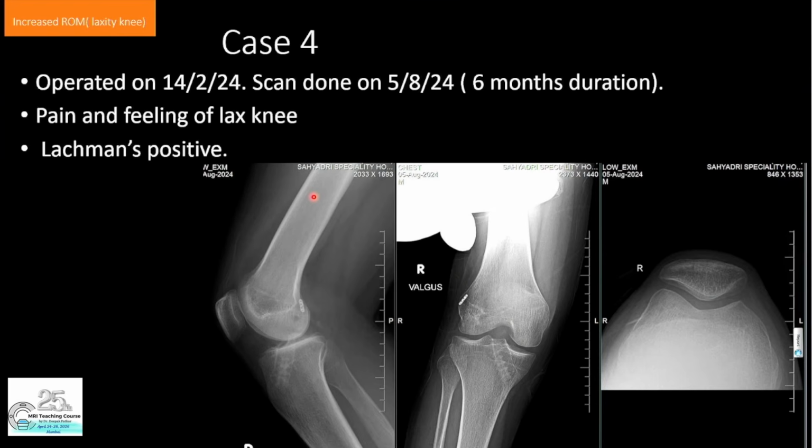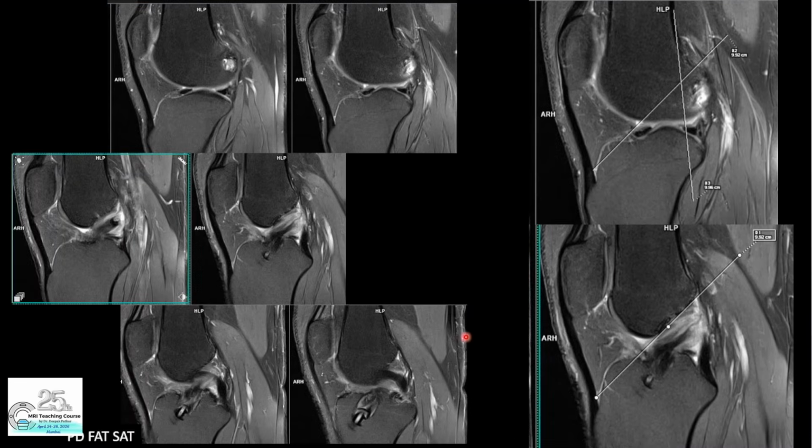Another case. Now this fellow presented 6 months later with a lax knee feeling, and the surgeon examined him and said that there is a positive Lachman's. That means definitely there is laxity. Plain x-rays were not contributing anything, and then we proceeded with MR. Now this is just 6 months post-operative.